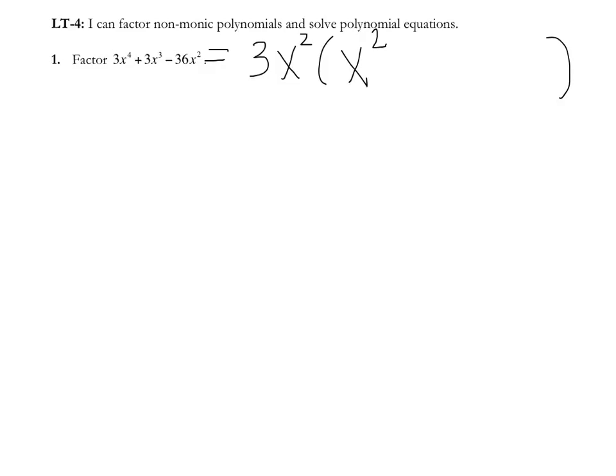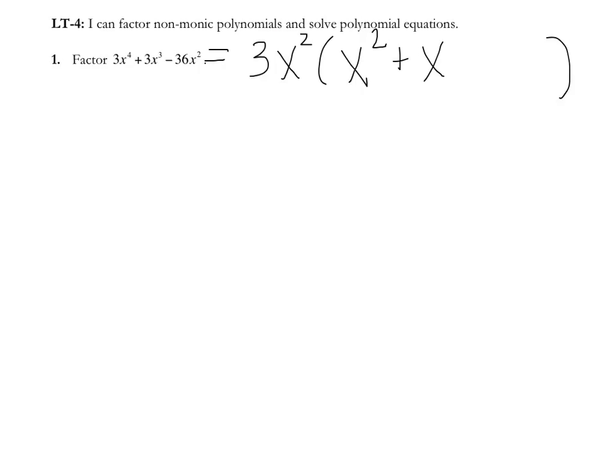Looking at our next term, we have 3x to the 3rd. So again, we want to think to ourselves, 3x squared times what would equal 3x to the 3rd? Well, we already have the 3, and we're starting at x squared, so we just have to multiply by 1 more x. And finally, let's look at our last term.